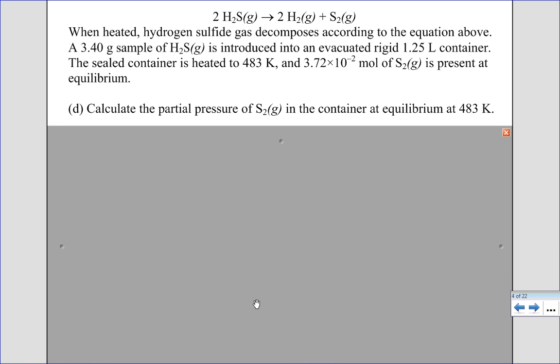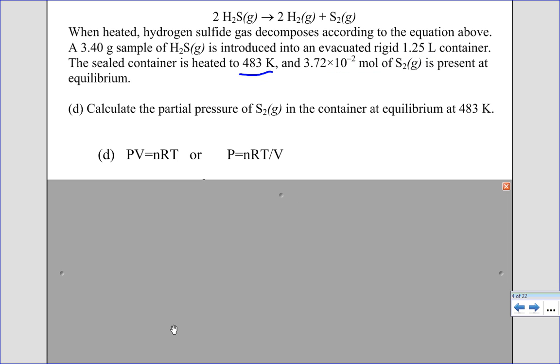Last thing is I need to calculate the partial pressure of S2 gas in the container. So instead of having to find everything, I just need to find the pressure of just the S2. And I already know the moles of the S2. I already know the volume of the container. I already know the temperature. I can look up R. So that means I can just use the ideal gas law.